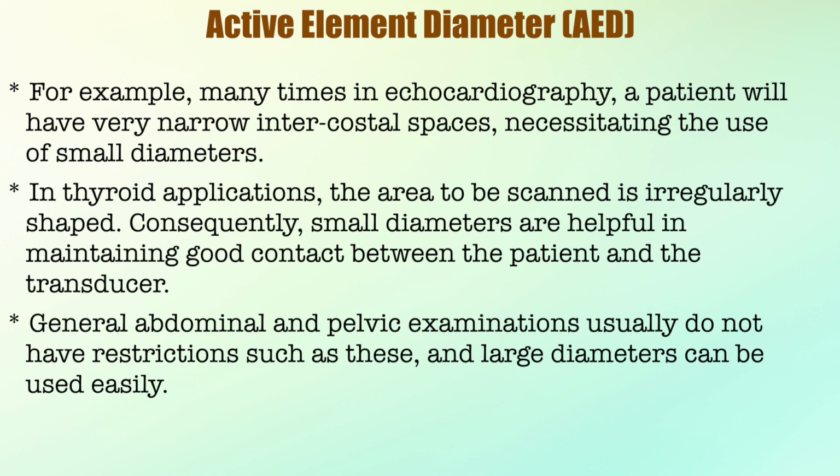In thyroid applications, the area to be scanned is irregularly shaped. Consequently, small diameters are helpful in maintaining good contact between the patient and the transducer. General abdominal and pelvic examinations usually do not have restrictions such as this, and large diameters can be used easily there.